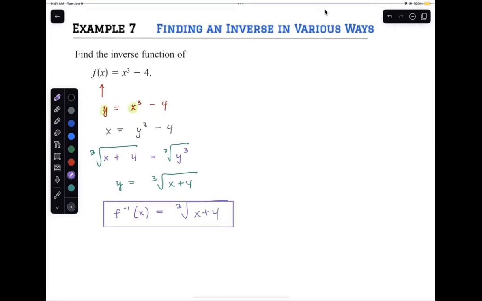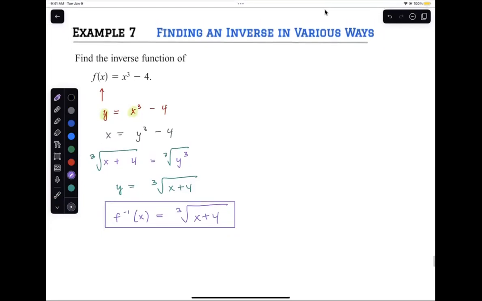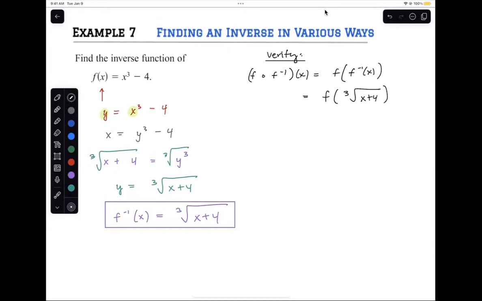And then the last thing you'll need to do is prove it. So this one's pretty easy. A little less messy than the last one. So f composed with f inverse of x is f of f inverse of x. So we just found that the inverse was the cube root of x plus 4.